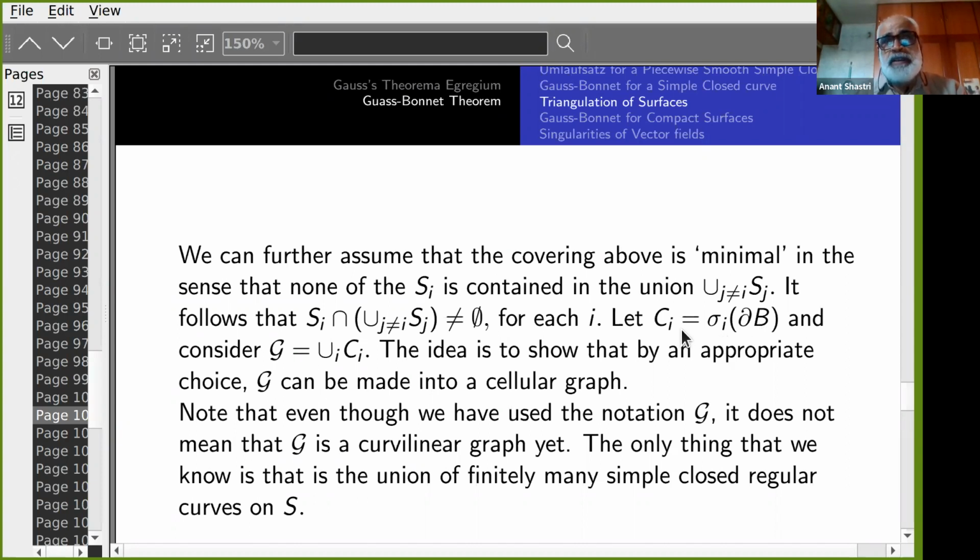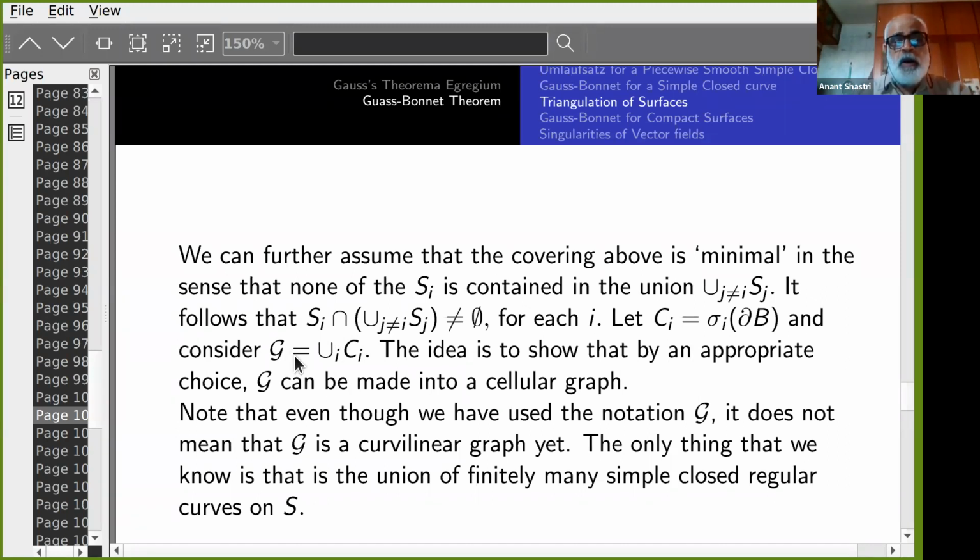So obviously, they will be smooth and regular curves. And consider this G as the union of the Ci's. So the secret is out. This G is our candidate for the final triangulation.